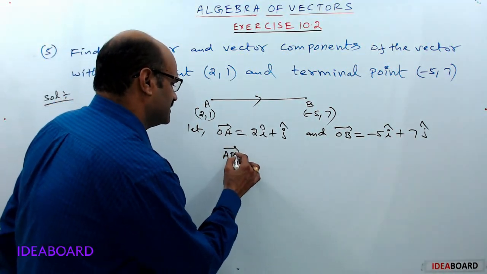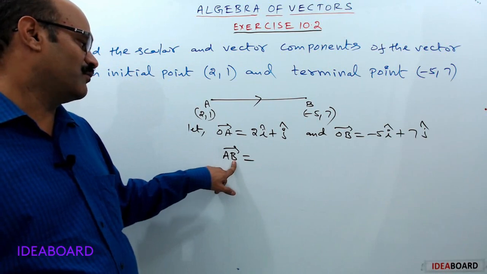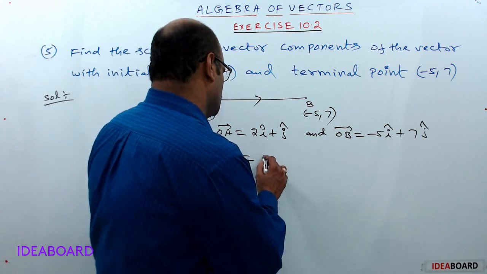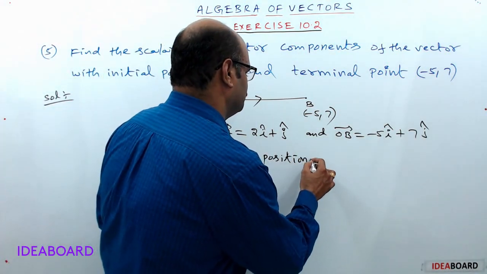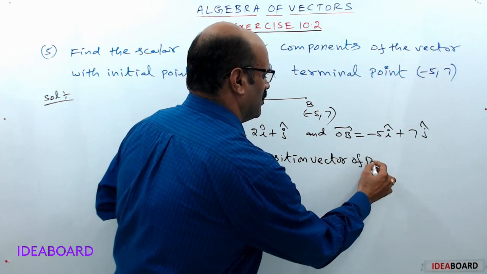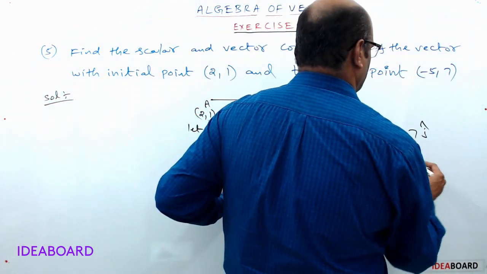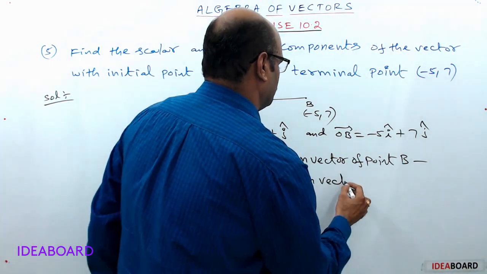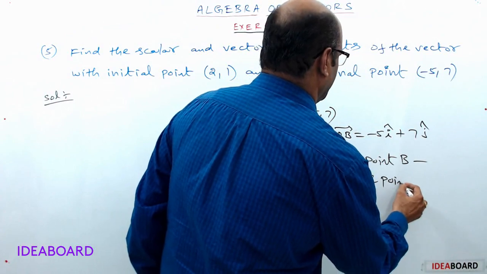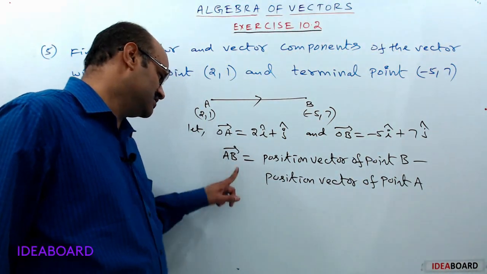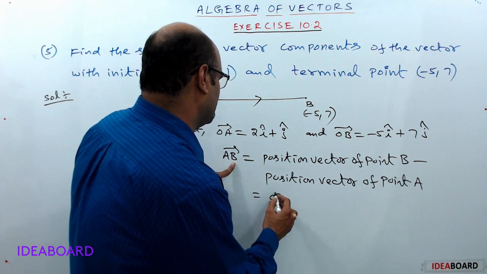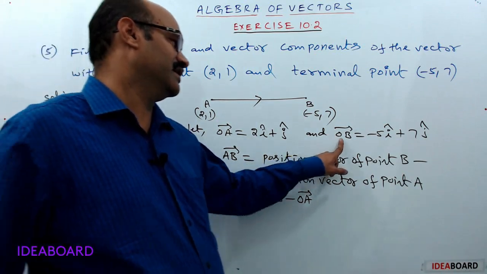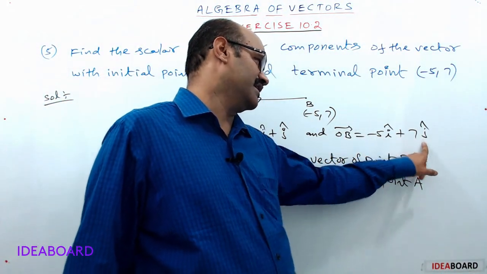AB vector can be taken as position vector of the point B minus position vector of the point A, which is equal to OB vector minus OA vector. So here what is OB vector? -5i cap plus 7j cap.